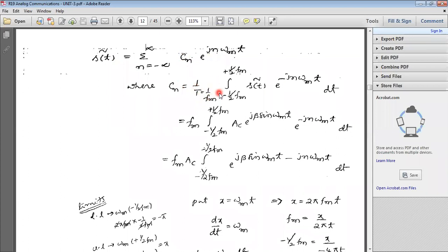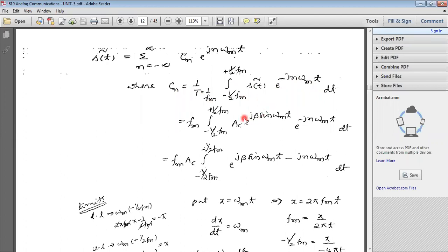Since it is a periodic signal, we take the limits as minus half fm to plus half fm, into the complex envelope of s of t into e power minus jn omega mt dt. Here first we calculate this Cn value.